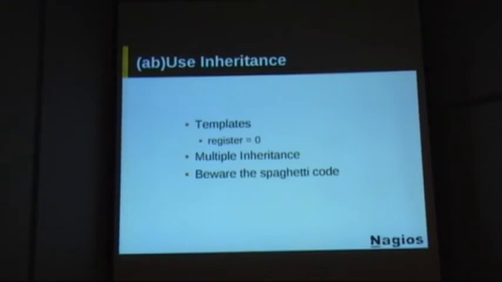There are some really bad corners you can work yourself into if you don't keep track of what's inheriting what. You can get into cyclical inheritance. I recommend using it because it does make it much easier to configure each individual node.